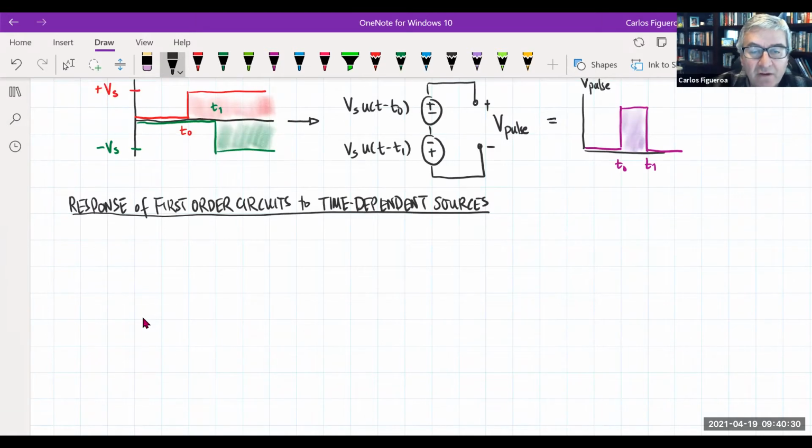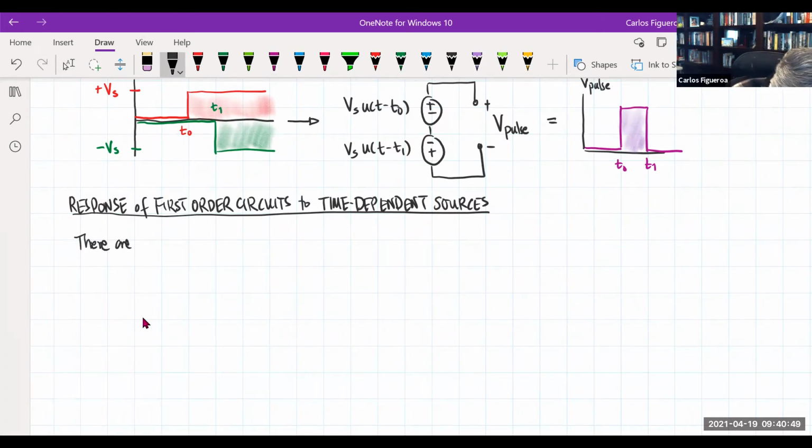So up to now, we've had constant sources. And since we're going to be introducing time-dependent sources, what you're going to find here is that we have two very, very different processes.